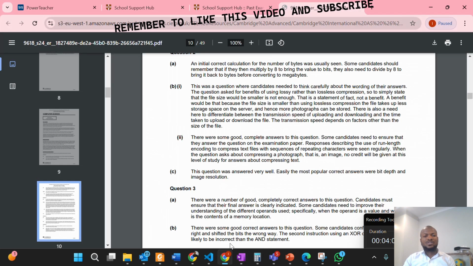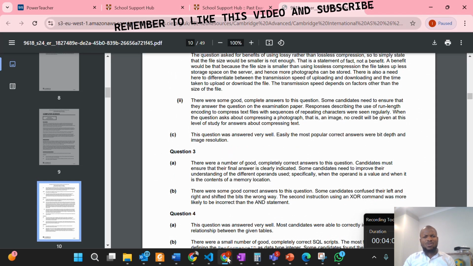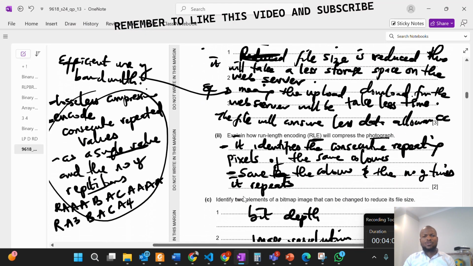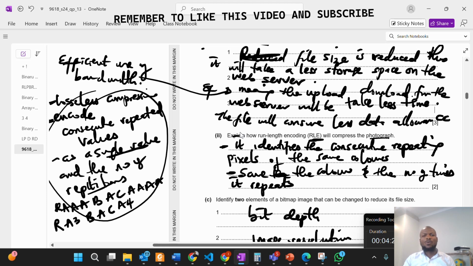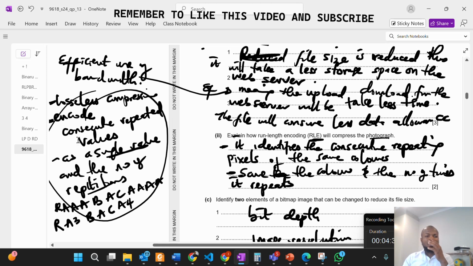Now, the examiner's report for the question on run length encoding. There were some good complete answers to this question. Some candidates need to ensure that they answer the question on the examination paper. Remember, when I defined run length encoding, I defined it as a lossless compression that encodes consecutive repeated values as a single value.